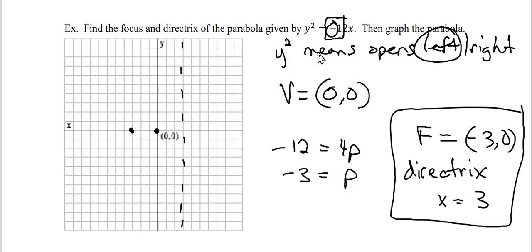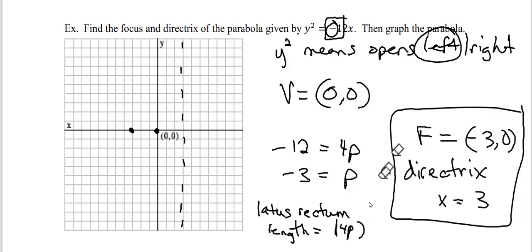The only thing we really still need here is to graph the parabola. I think the most helpful thing to graph the parabola is to use the length of the latus rectum to tell you the width of this. The latus rectum has length equal to the absolute value of 4p.